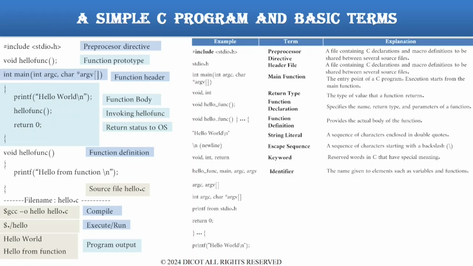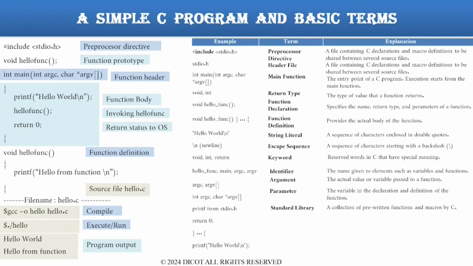Argument: the actual value of a variable that is passed to a function. Parameter: the variable in the declaration and the definition of a function is called a parameter. Standard library: a collection of pre-written functions and macros provided by C, like printf from stdio.h.